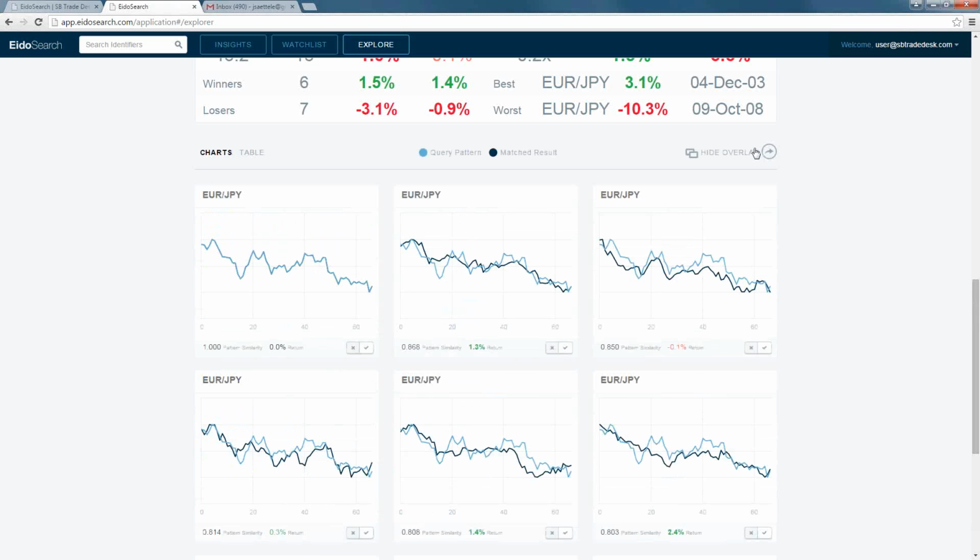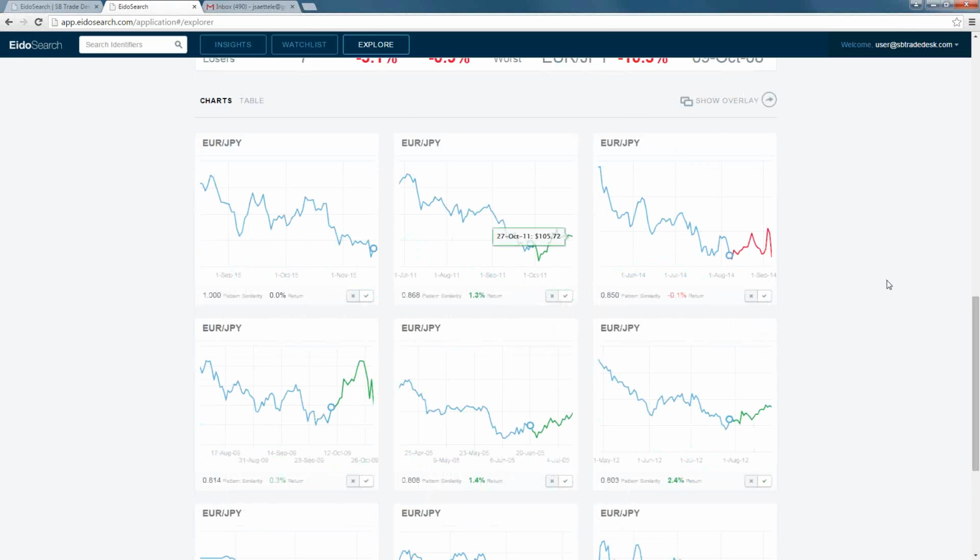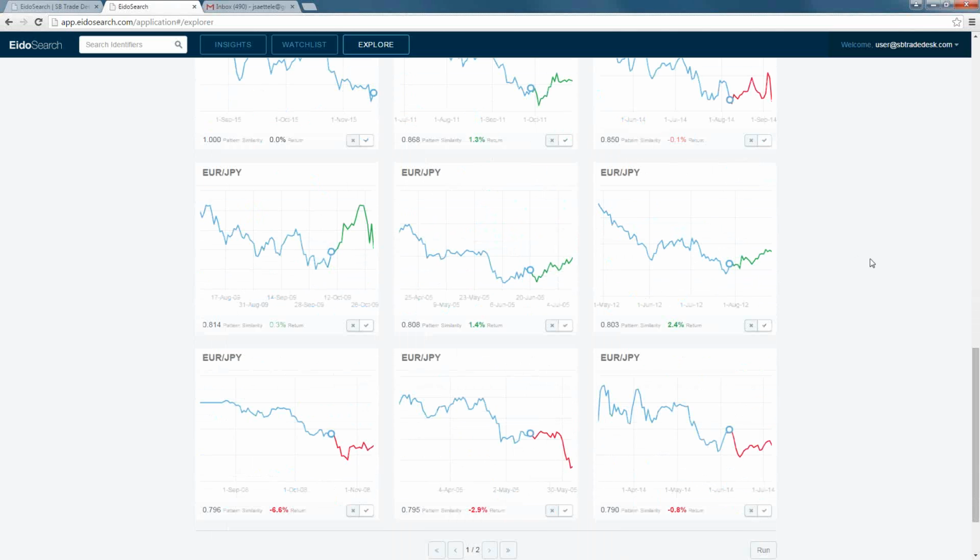So if you wanted to go to whatever charting package it is that you use, you can go there and draw the overlay over it or whatever, or even put the data in Excel. But this is a great way to start a deeper analysis, if you will, so that you can see that match there and what happened. The green or the red indicates what happened the next month for Euro Yen. Okay.